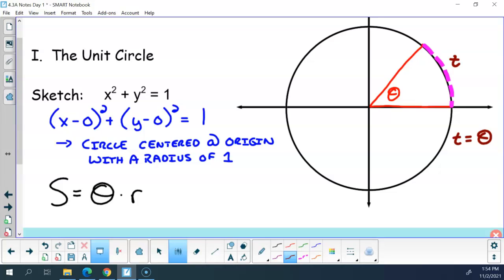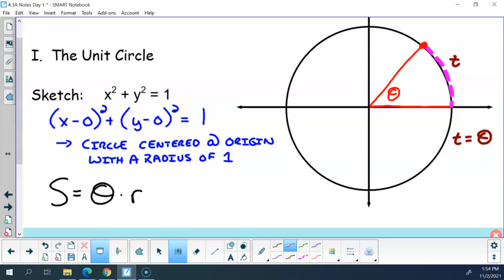If you went 1.5 radians, your arc length would be 1.5 units long. If you go 12 radians, your arc length is 12, and so on and so forth. That t value we call a wrap value, because it kind of wraps around the circle.